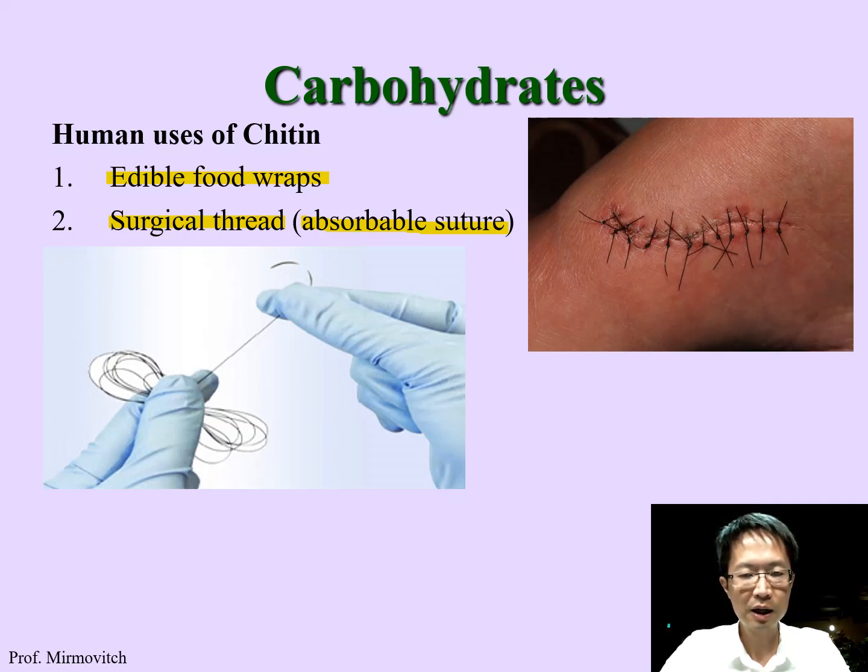And then in this case, you don't need to worry about the sutures staying in your body forever. So absorbable suture usually is used inside the body, but of course there are cases that people use absorbable suture on the outside of the body as well. So chitin is useful for human beings, not just for insects or fungi.